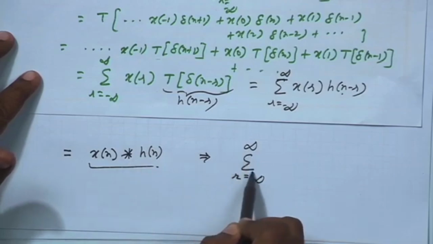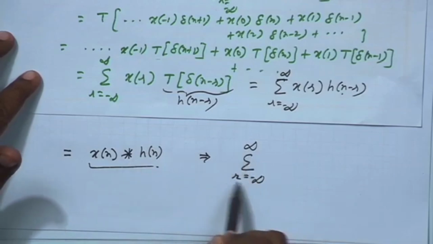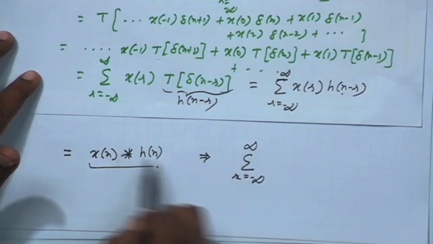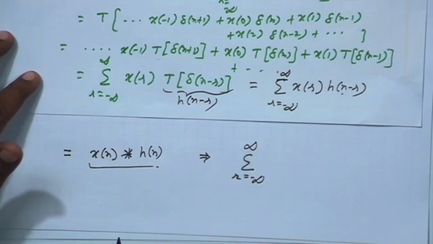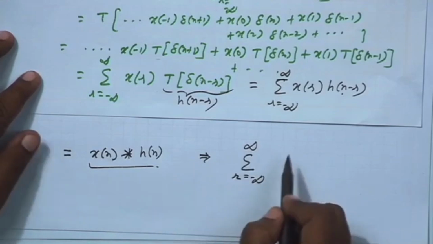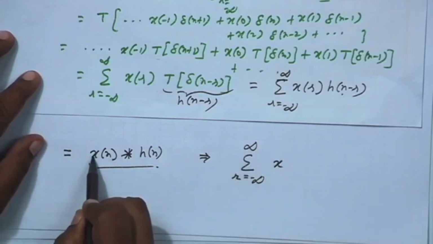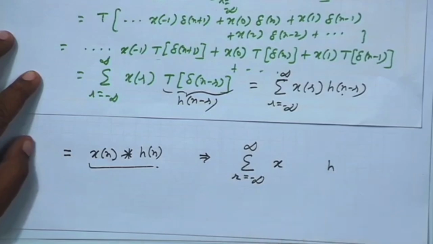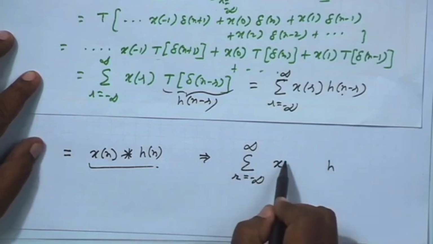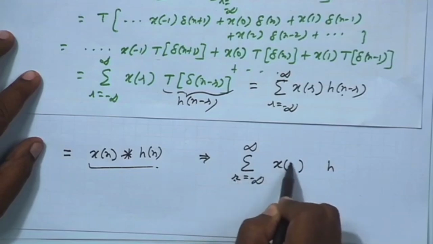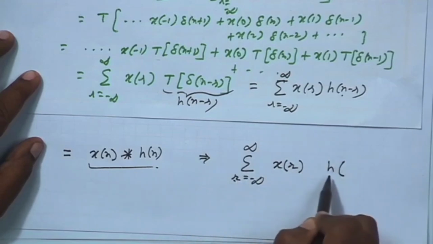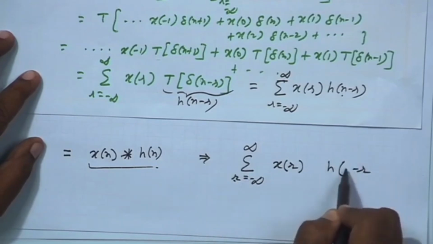First you bring a summation symbol, bring a local index, r or L, M, anything, but not n. Take it from minus infinity to infinity to be most general. Then first term will be first guy, second term will be second guy. For the first term, you make it a function of r, this index. For the second term, you make it a function of minus r and then plus n.